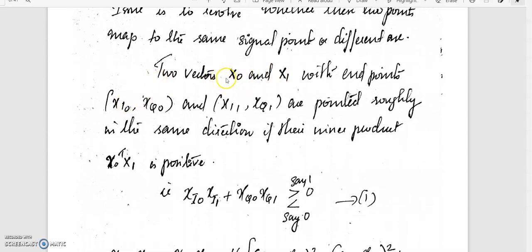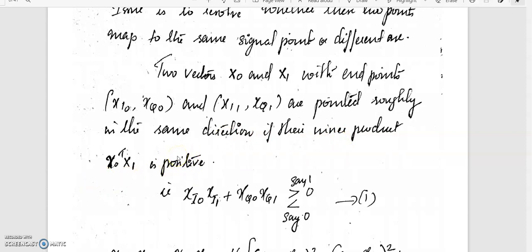If I have two vectors, at time tb I have the in phase and quadrature phase components, for which I use the suffix 0, and at time 2tb I have the in phase and quadrature phase components, for which I use the suffix 1. These two will be in the same phase, or pointed in the same direction, if their inner product is positive.